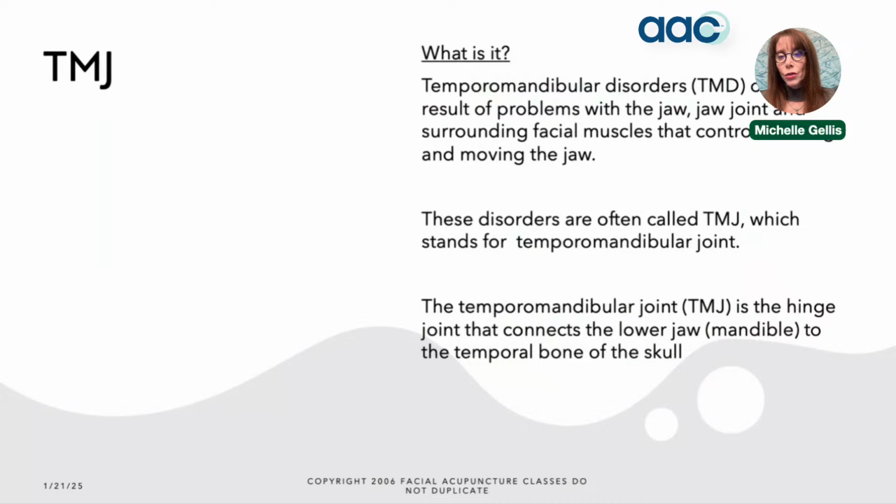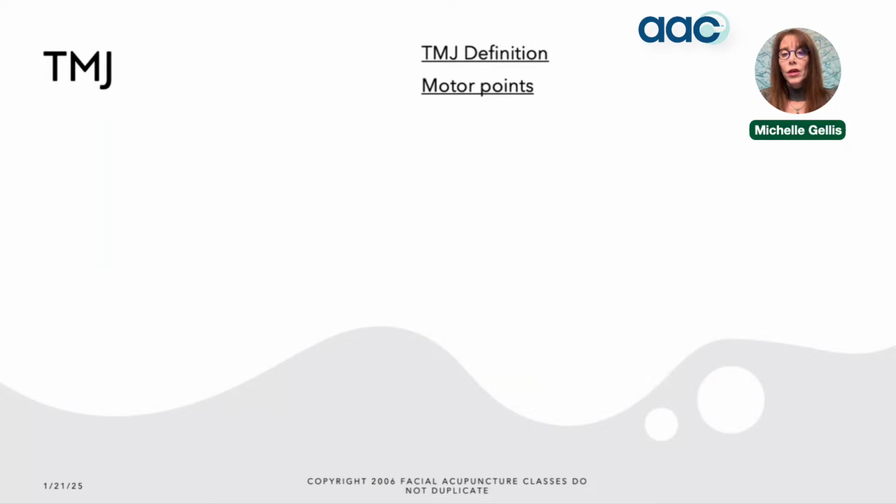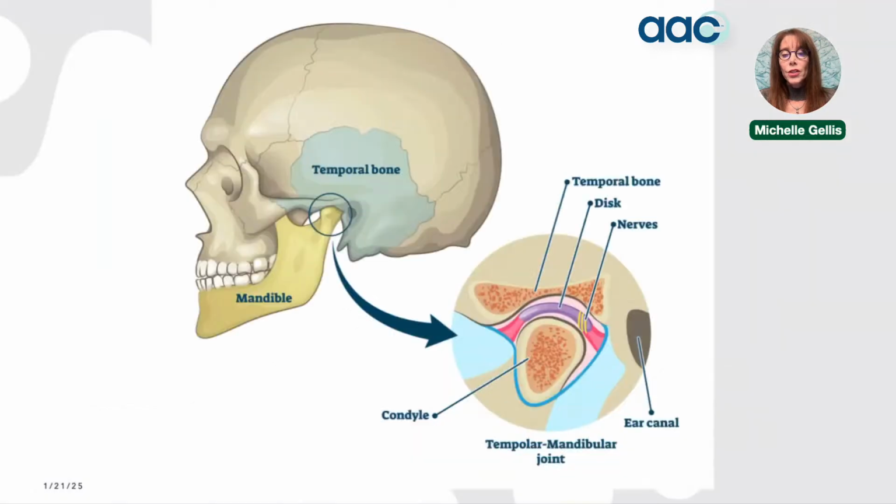And these are any issues that arise from any jaw pain, jaw problems that come from the muscles surrounding the jaw and can cause problems opening and closing the jaw. And the temporomandibular joint, or TMJ for short, is the actual hinge joint that connects the mandible to the temporal bone of the skull.